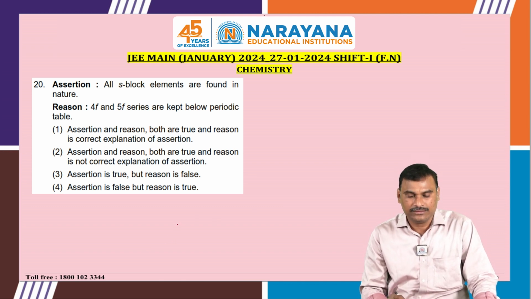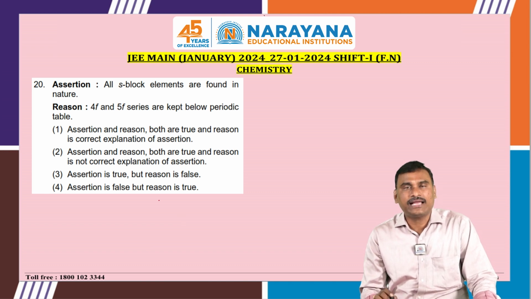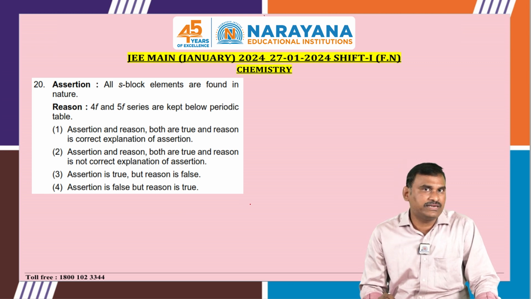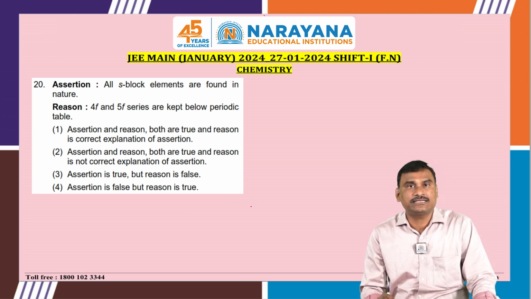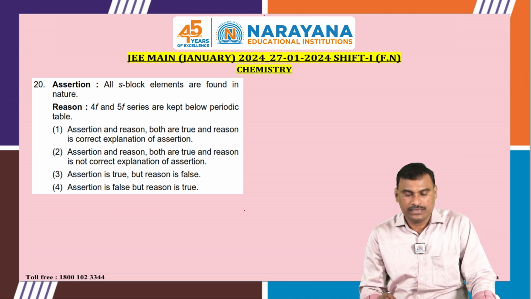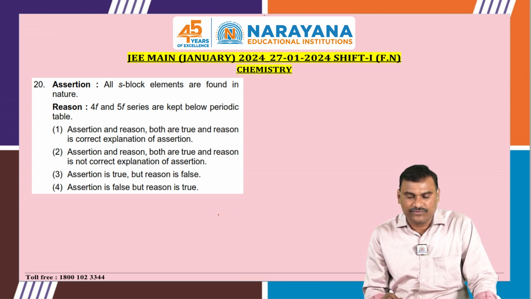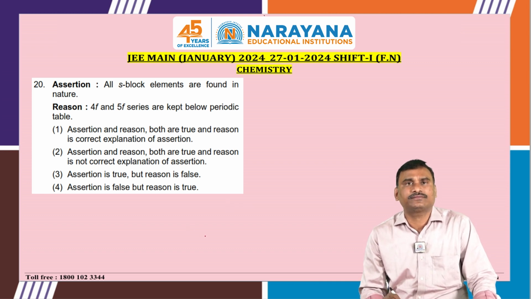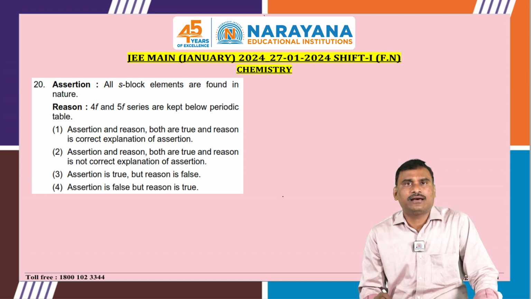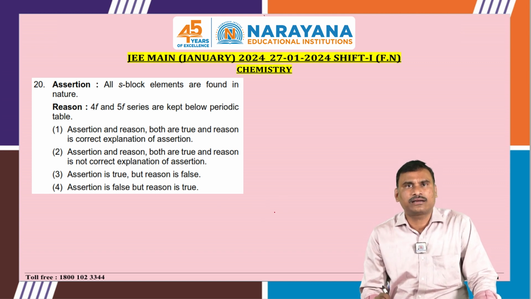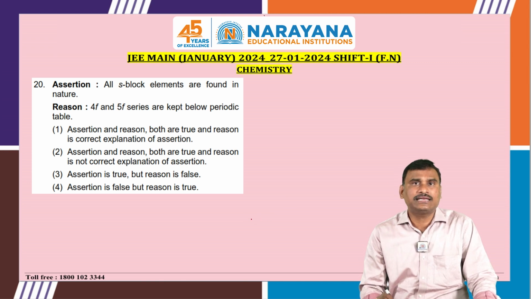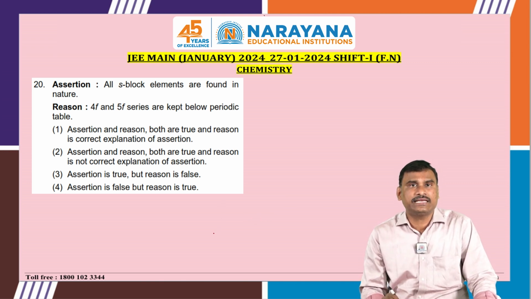All s-block elements, that is group 1 and group 2: lithium, sodium, potassium, rubidium, cesium, beryllium, magnesium, calcium, strontium, barium and radium, are found in nature, occurring in the atmosphere or earth's crust. That is why the statement is correct.